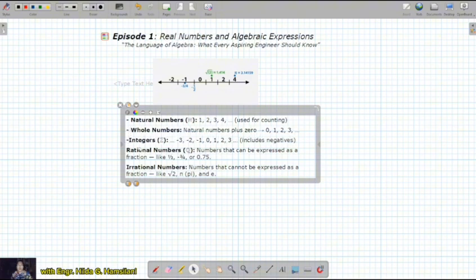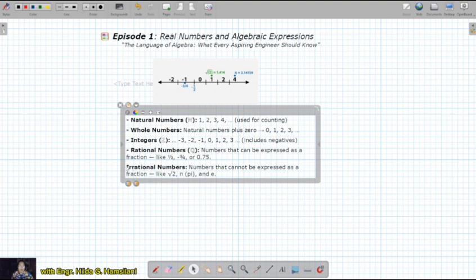Next are the integers. If you can see here in the number line, we have the negative side and the positive side. So this is called the integers, 0 to infinity and 0 to negative infinity. So this includes negatives. Next are the rational numbers. These are the numbers that can be expressed as fractions, like negative 1/2 or negative 3/4, or positive 1/2 or positive 3/4, and so on.